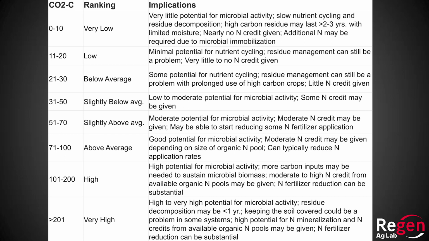But when we look at this, we can see all these rankings and we've got very low, very high, and everything in between. You'll notice that there is no average. Imagine that. So if I asked you, what's the average weather like? I hope that you would tell me, well, there's no such thing as average, because there isn't in this case. It's on a sliding scale because everybody's soils are different, and I don't mean just your farm to the farm next to you.